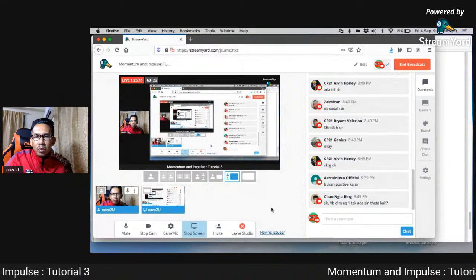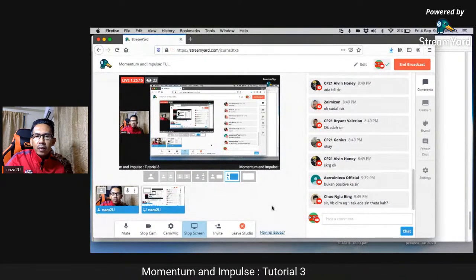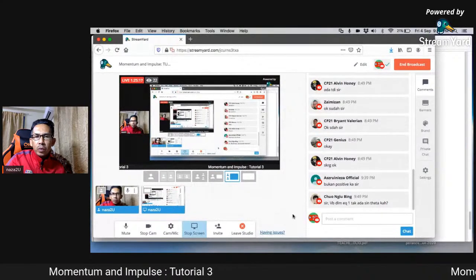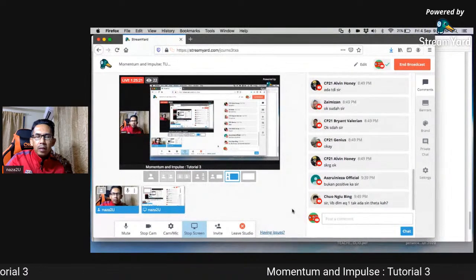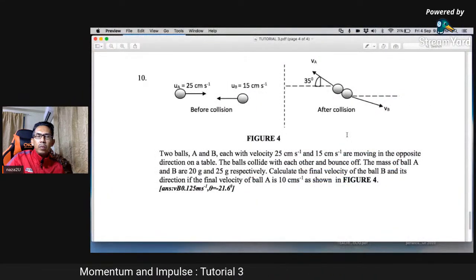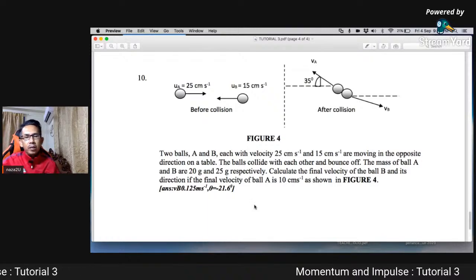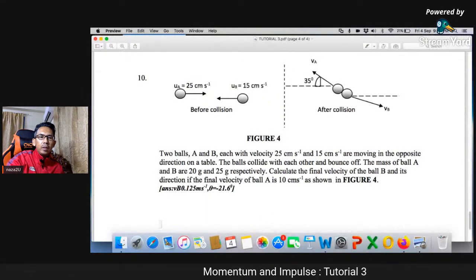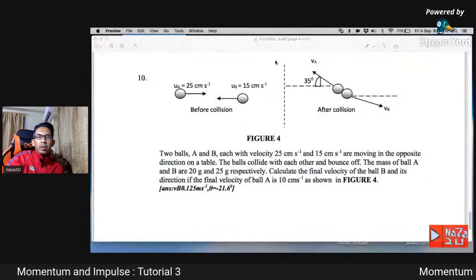Asrul Nizam ni dia tanya, yang mana satu VB dalam equation 1 tak ada theta kah? Oh, VB. Oh, saya dah faham. Okay, VB. Oh, kat sini. Sorry. Okay, ya bagus soalan itu.